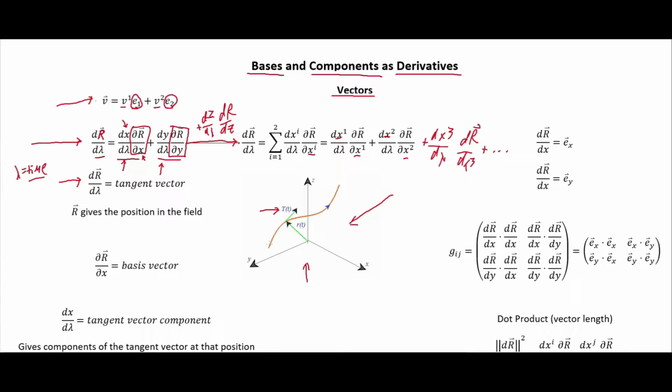So the x changes over time, the y changes over time, and the z changes over time, and that's how we end up getting this curve. And then this dr d lambda is the tangent to it.